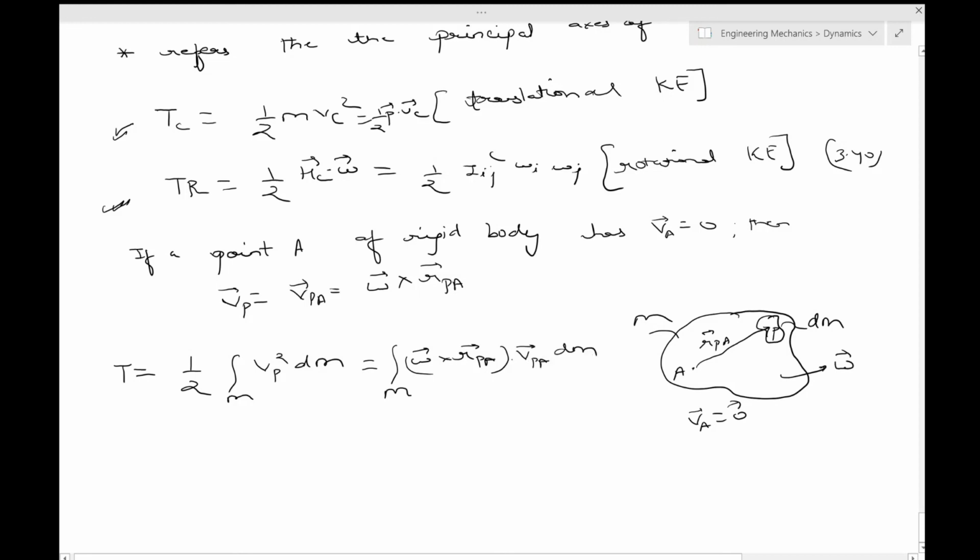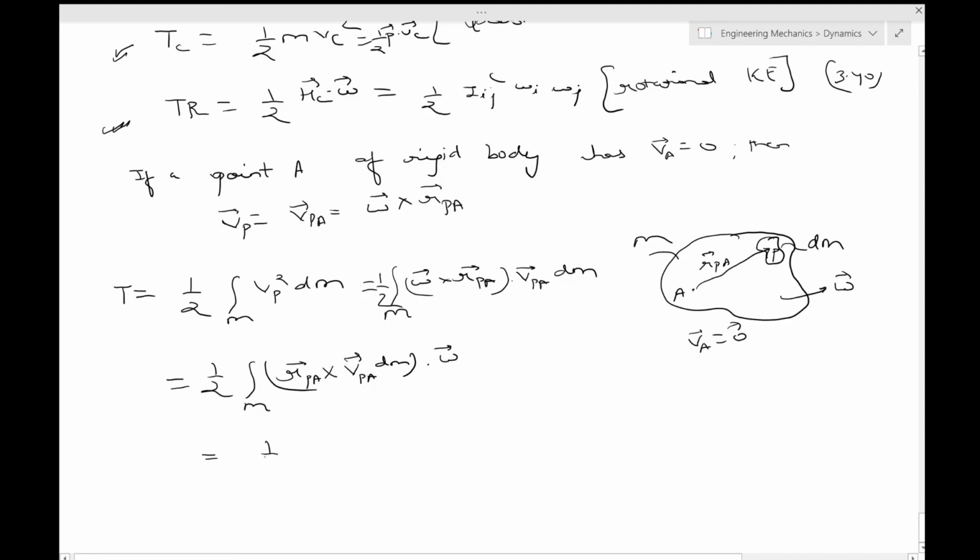Okay, so this would give us a v_P square, and again by the same logic which you should have figured out, which I had mentioned in red, I can write this as r_PA cross v_PA dm dot omega.